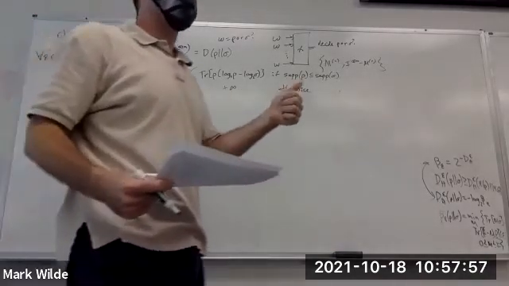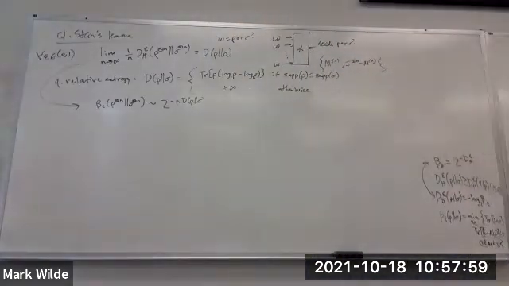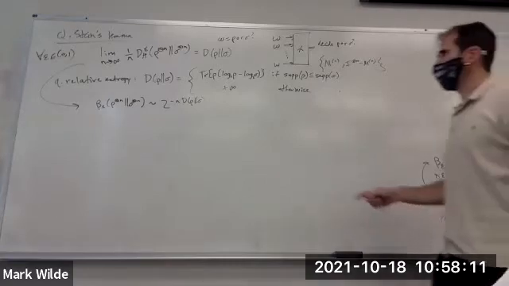That's the achievability. But in Shannon's theorem also, there were two parts, the achievability and the converse. The achievability is where you show the existence of some scheme. The converse is where you say you cannot do any better than that. So that's the other part of this.